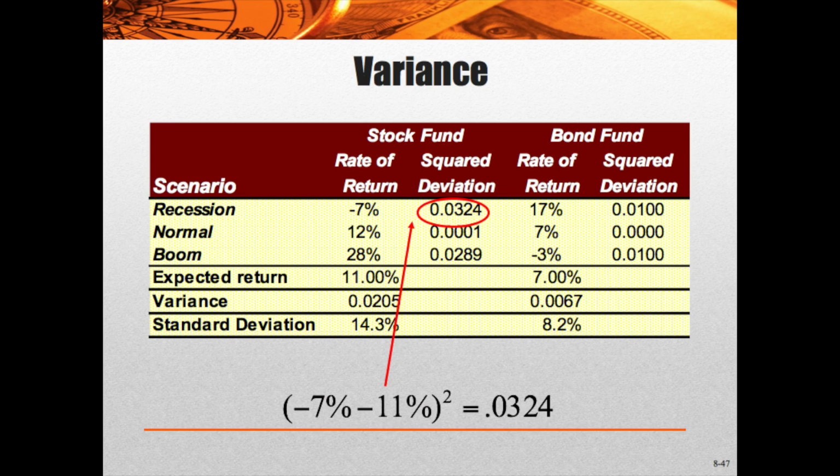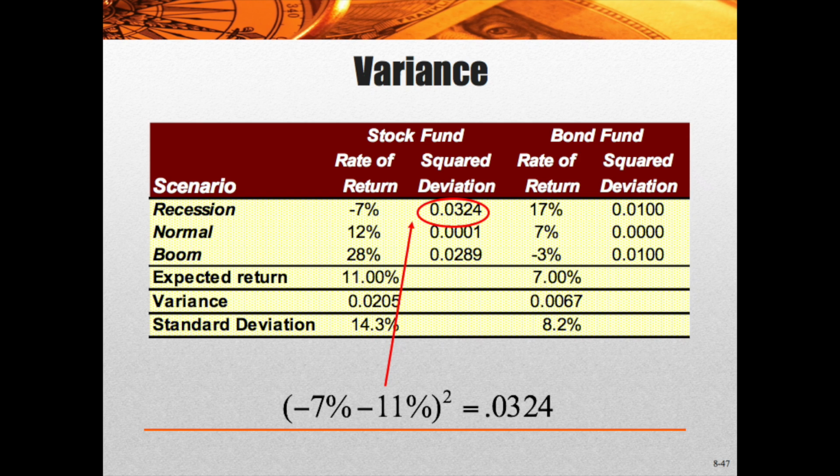Variance. The variance is the sum of the squared deviations, so we have to square the deviation. We take the 11% expected return and find out how big a deviation the rate of return is from it.